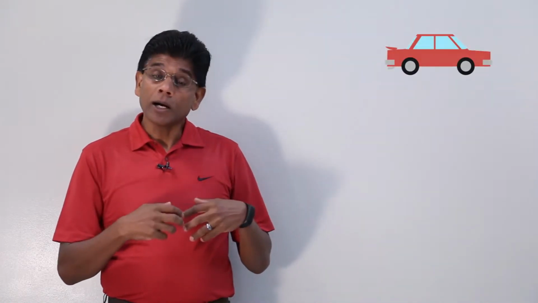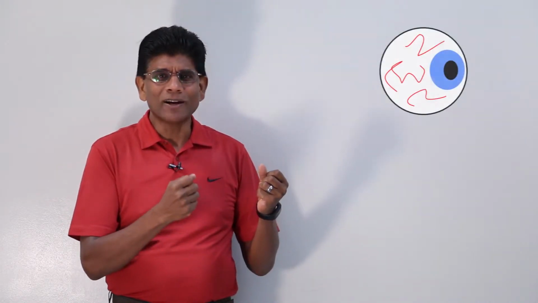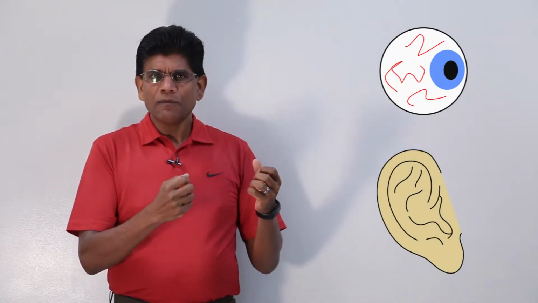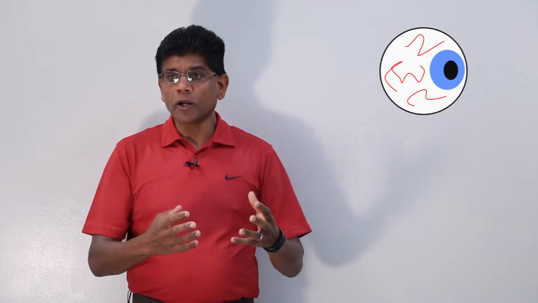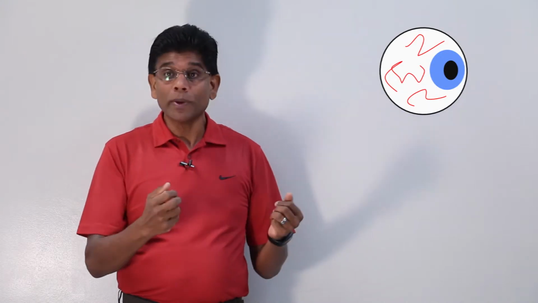Do you know relative motion is the reason why some people get car sickness? Seasickness and air sickness are all forms of motion sickness. We get car sick because our brain is receiving conflicting information from two sources, our eyes and ears. When we are in a moving car, our eyes can look at the floor or look at the driver right next to us inside the car and make us feel that we are not moving.